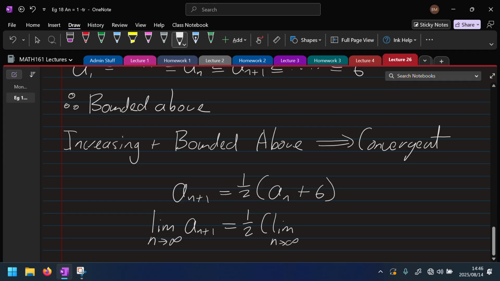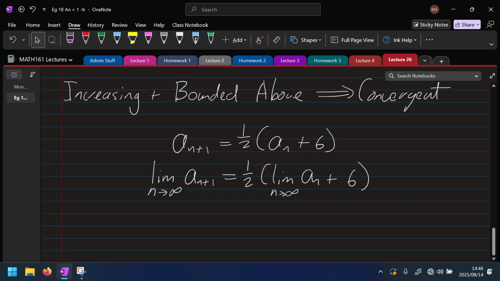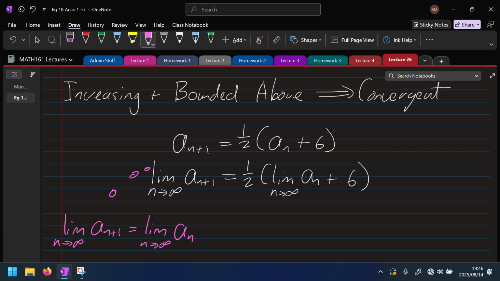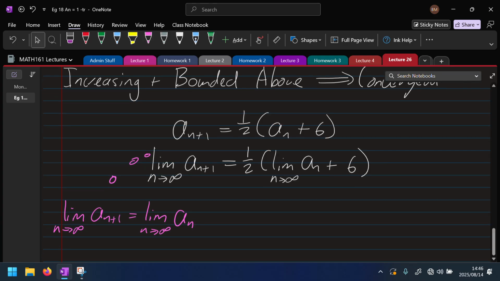Limit as n goes to infinity of AN plus 6. Now in the tutorial, you're going to prove this fact here. So let's put it in pink. Limit as n goes to infinity of AN plus 1 is equal to the limit as n goes to infinity of AN. Okay, so in the tutorial, you're going to prove that.